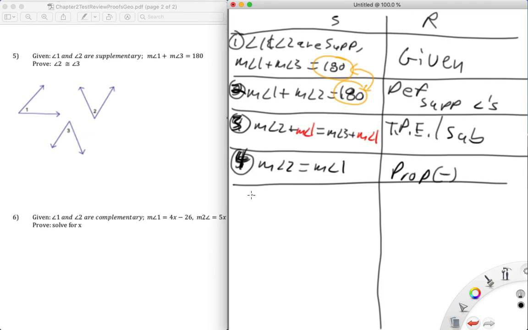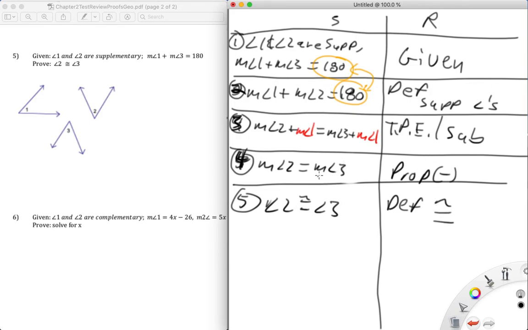And if they're equal, then they are congruent. So angle 2 is congruent to angle 3. Definition of congruency, or definition of congruent angles.